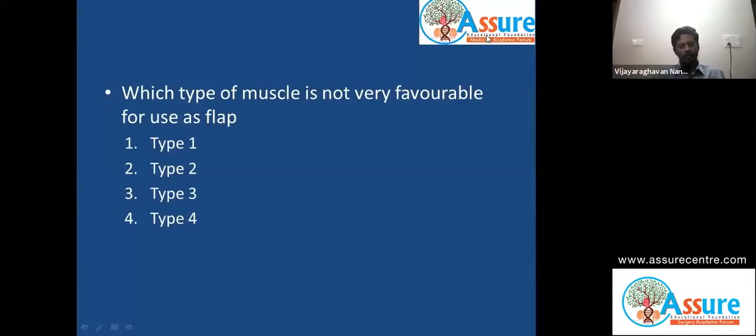I'll give you one clue. Flap means we will want to raise it and move it to another part. It should not be tethered in one part. So I will come back to the picture again.